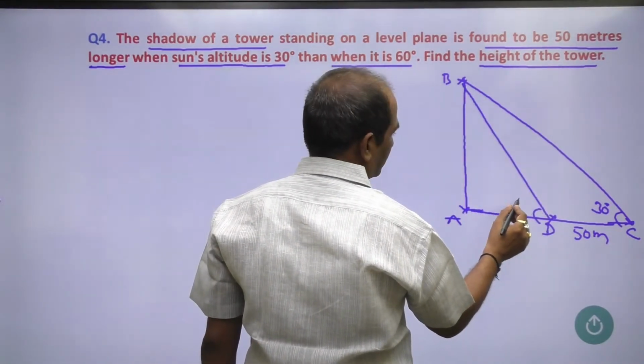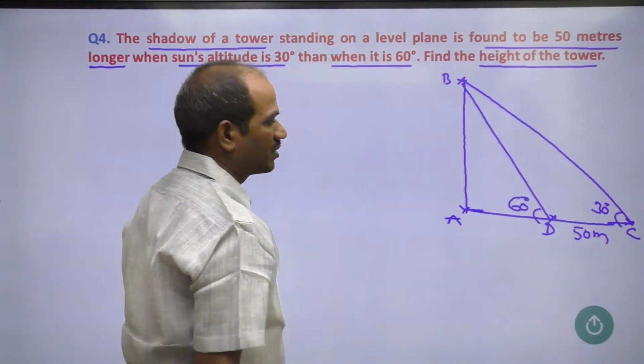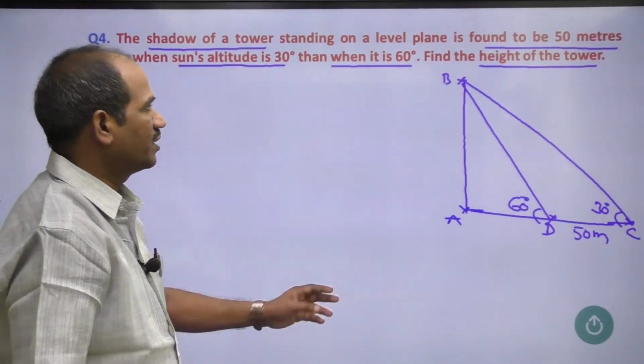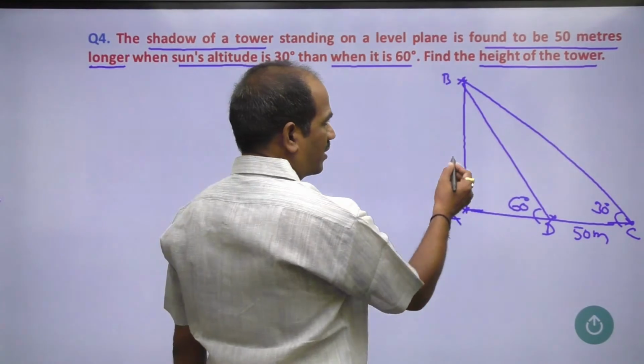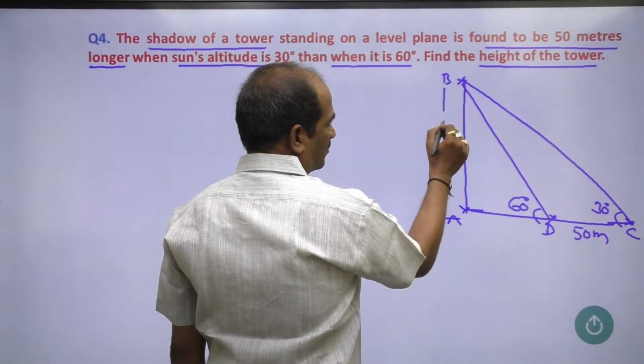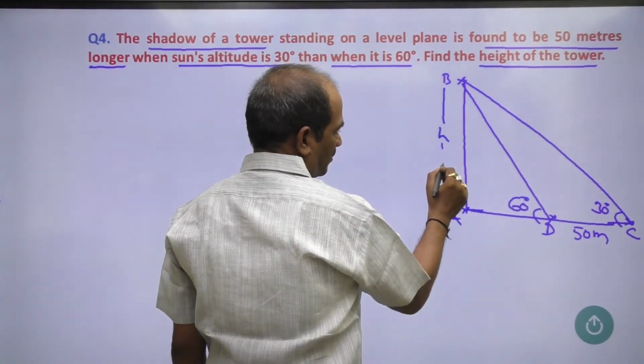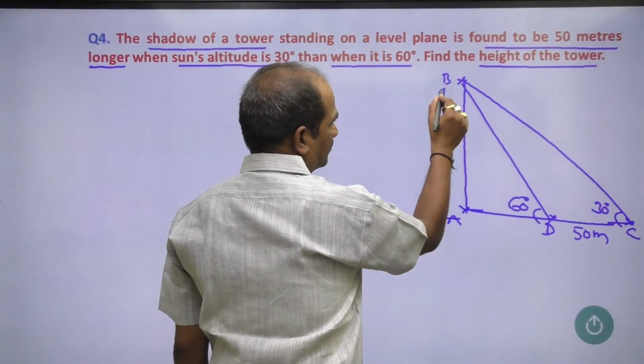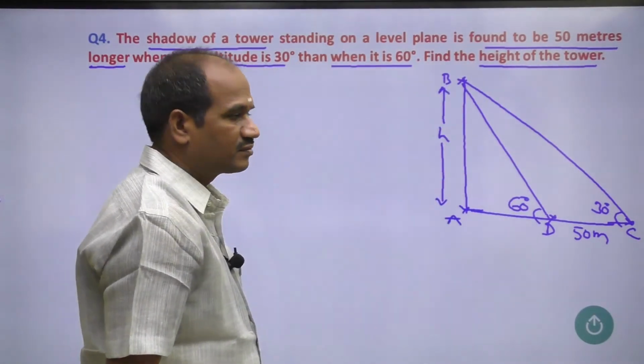This is the given data. Find the height of the tower: the tower height is h, and we calculate the h value.